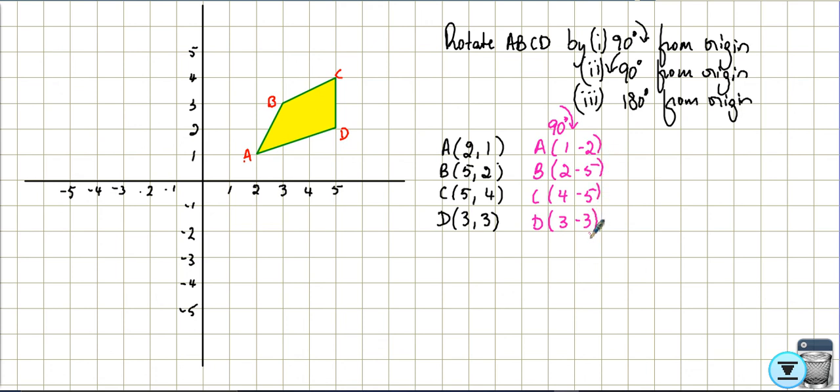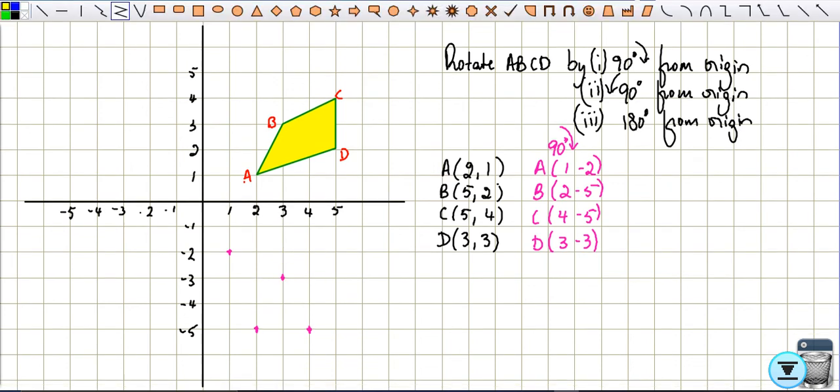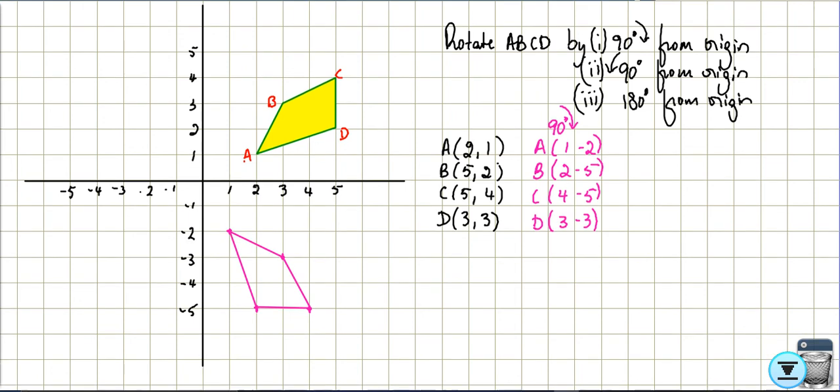And here I have the points I can plot: 1, minus 2; 2, minus 5; 4, minus 5; and 3, minus 3. That is my first shape. I'm going to draw that shape, label A, B, C, and D, and that is number 1.